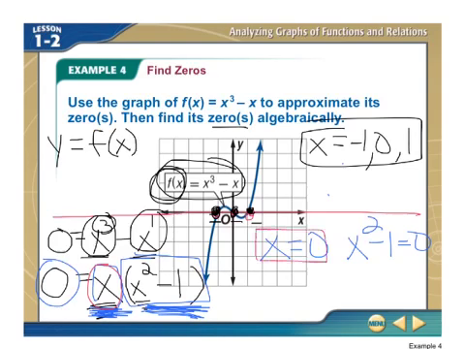x equals 0. And if we set our other factor equal to 0 over here and solve that equation for x, I'm going to say x squared equals 1 by adding 1 to both sides. And then I'm going to square root both sides of my equation.